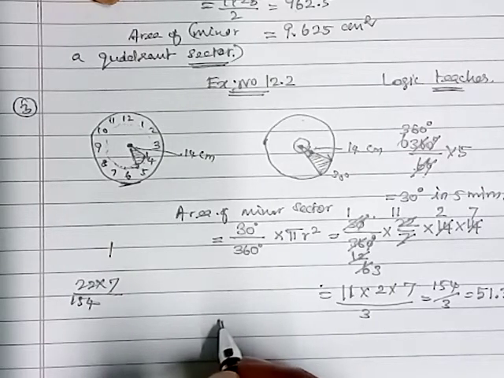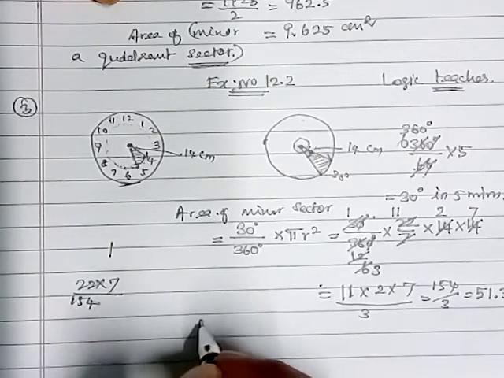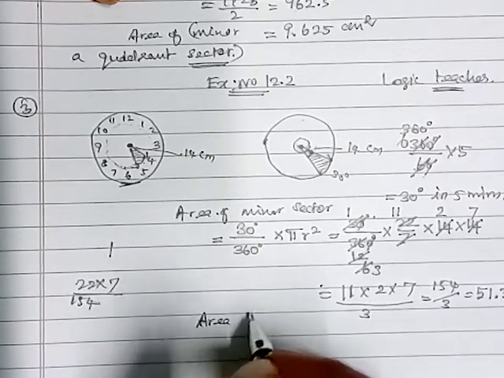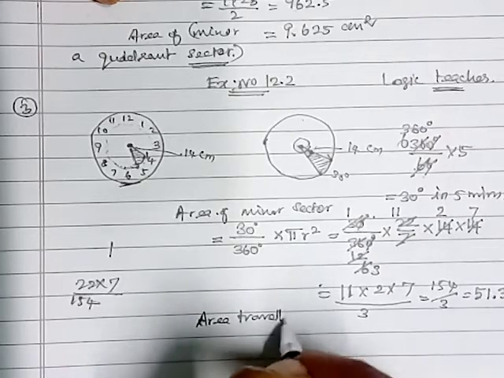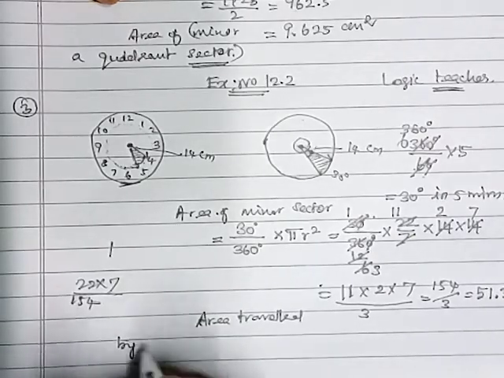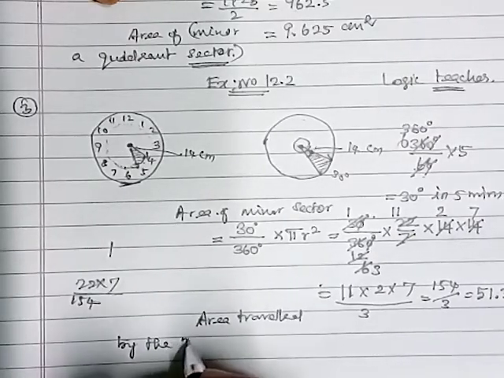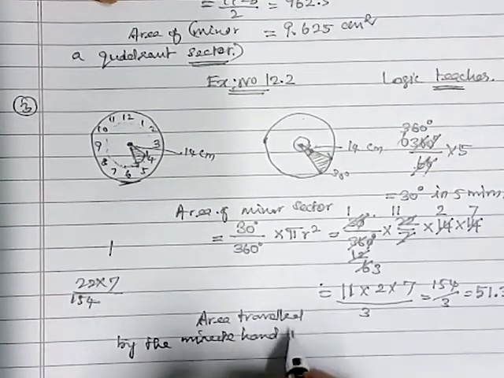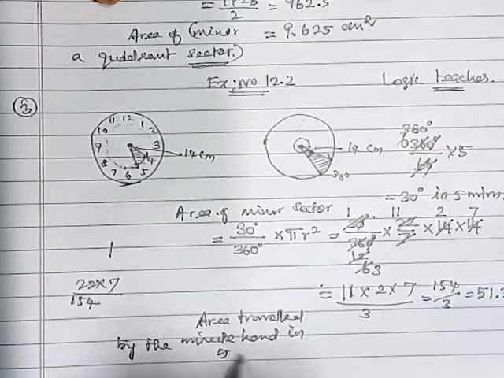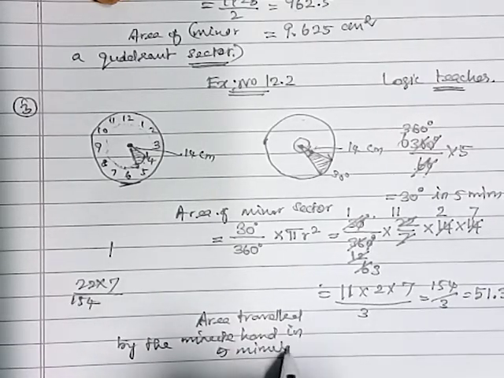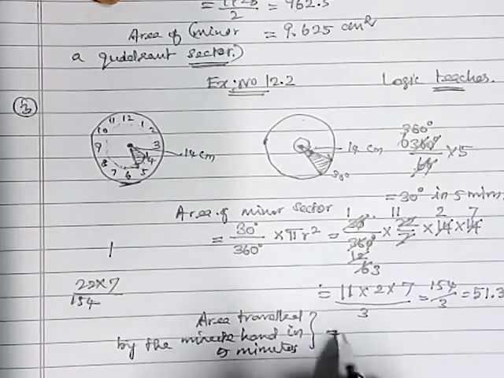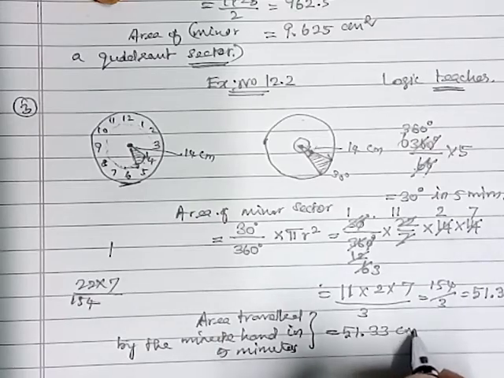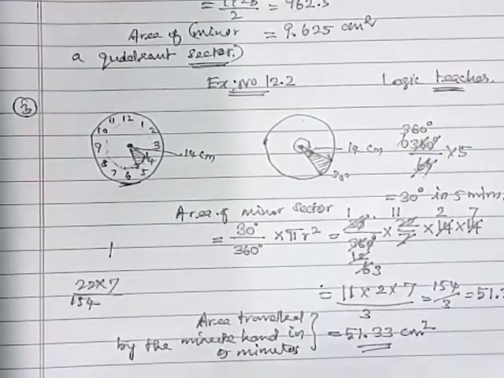So the area traveled by the minute hand in 5 minutes is 51.33, so this is centimeter squared, right? This is the answer.